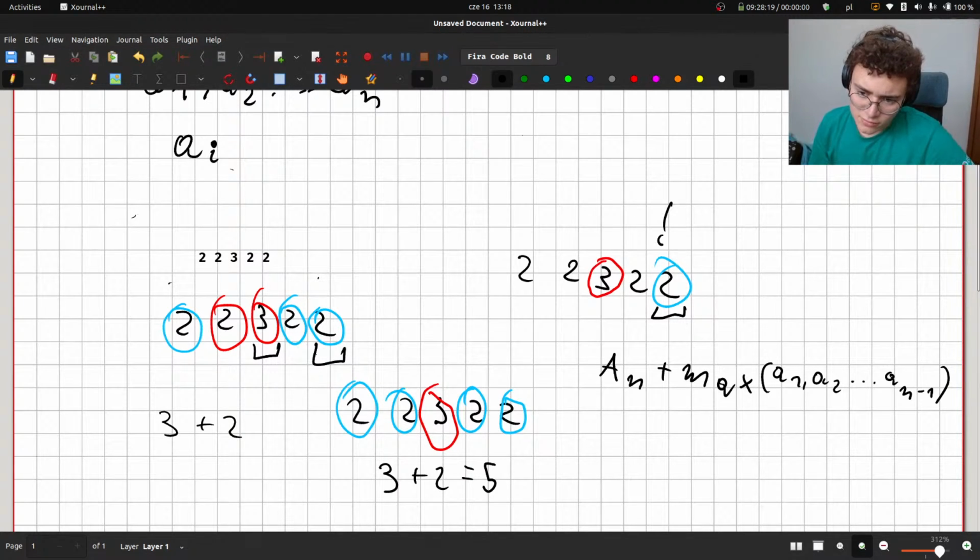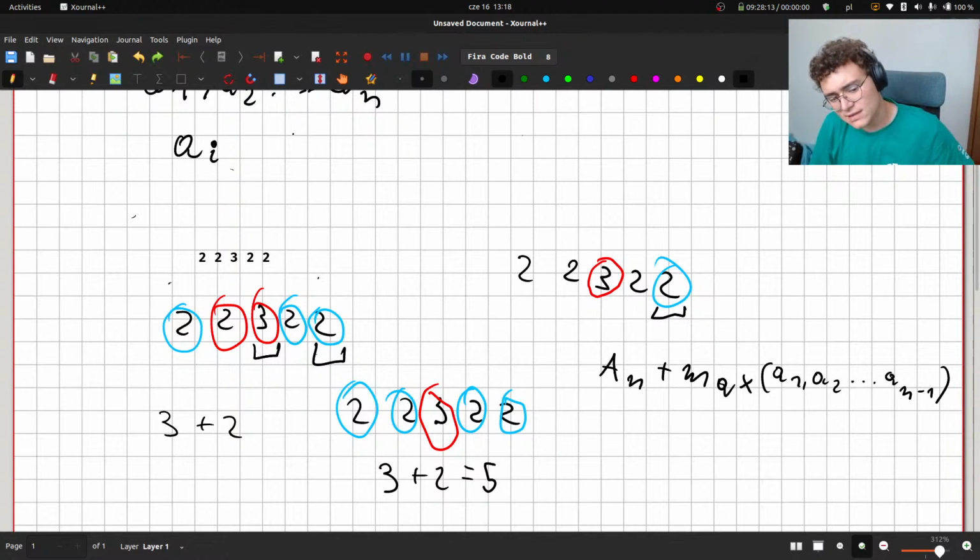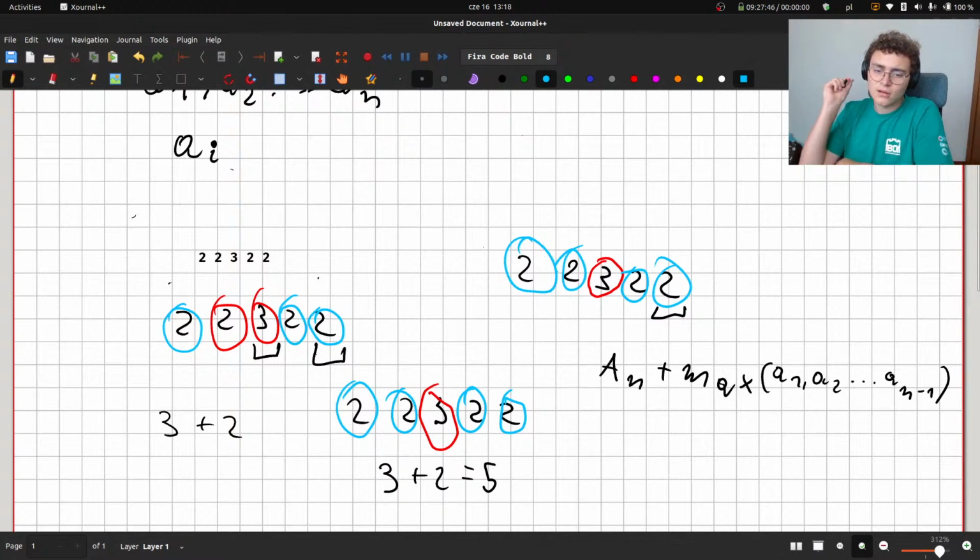Because the only observation here is that the last element of the whole array will also be the last element of one of the groups, so it will always be added to the answer. And it's optimal for us that the last element of the red group is as big as possible, so we'll take the maximum. All the other elements will of course be in the blue group, but they don't matter.